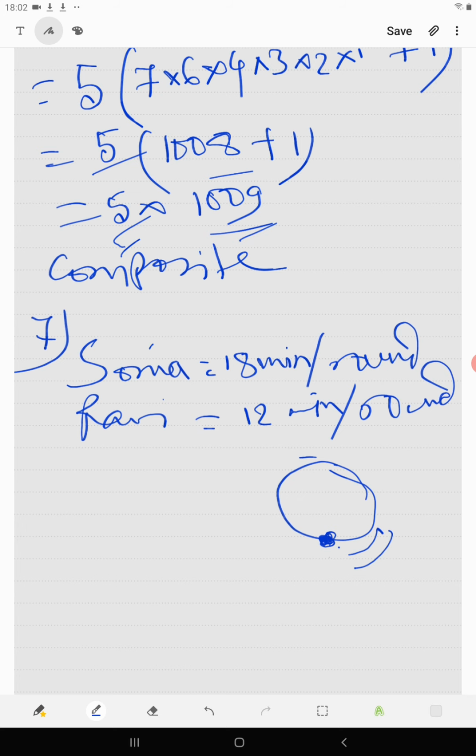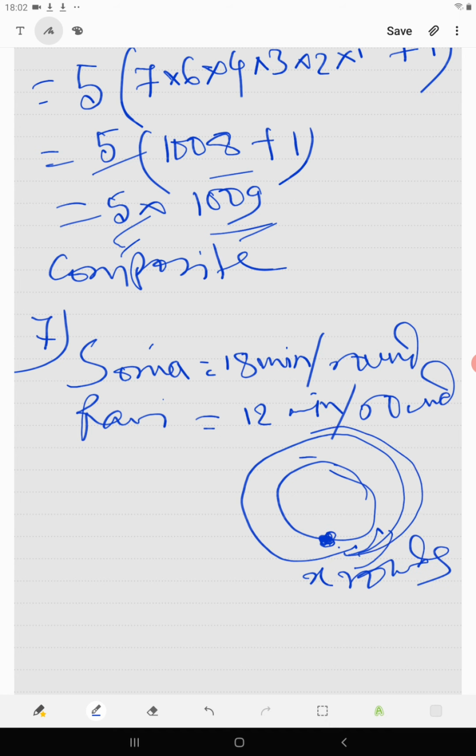Since Ravi is faster, suppose after X rounds they meet. When Sonia covers X rounds, Ravi will go X plus 1 rounds. Remember, he will have one more than this.